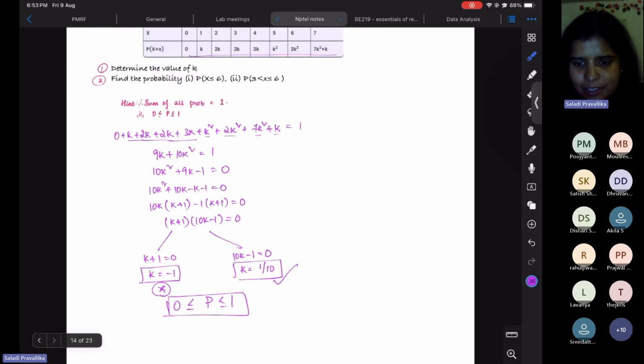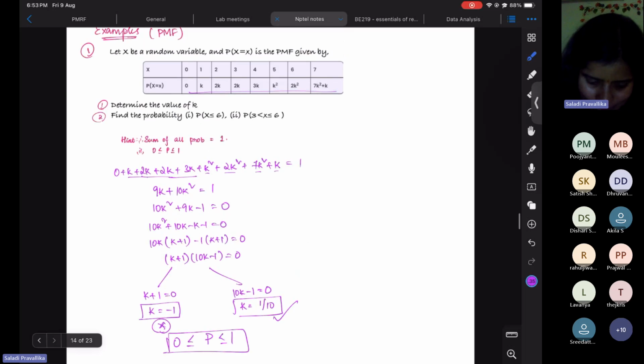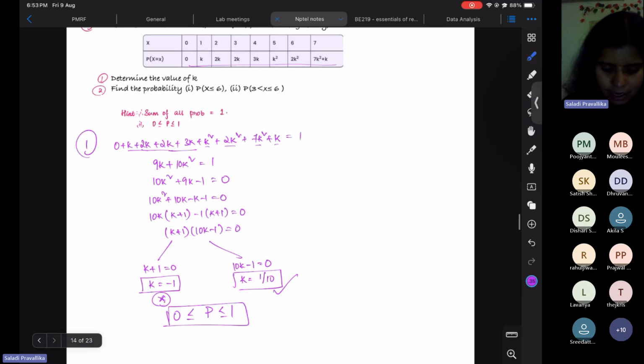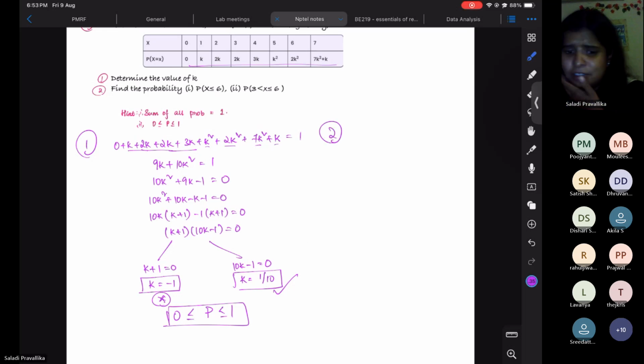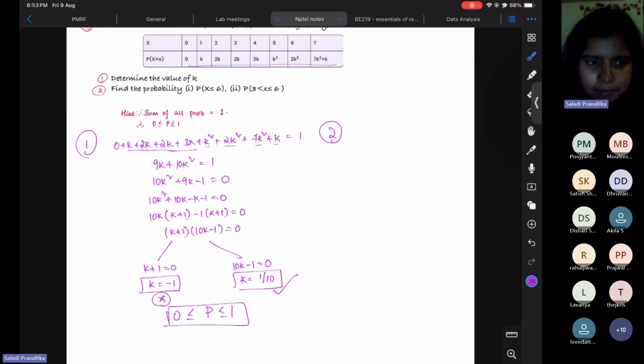So amazing, Lavanya and Dishali, you guys are right. Okay, the first part is done. Let's do the second part. Find the probability of P of x less than or equal to 6.